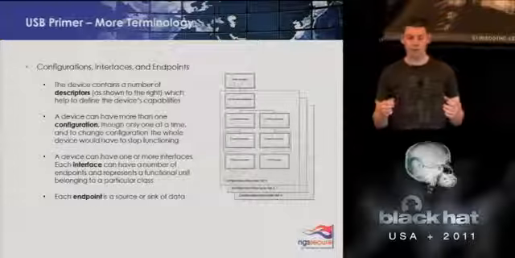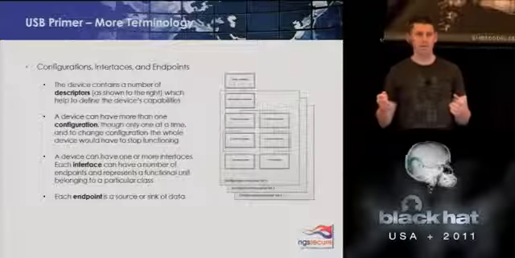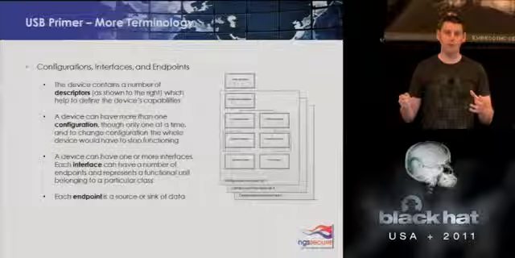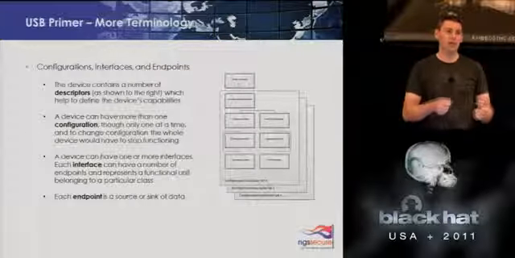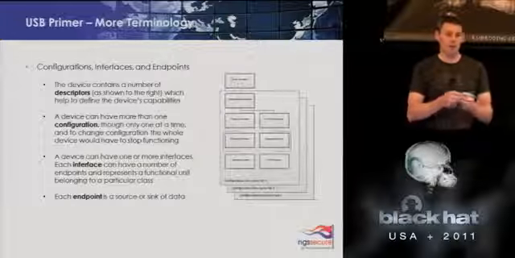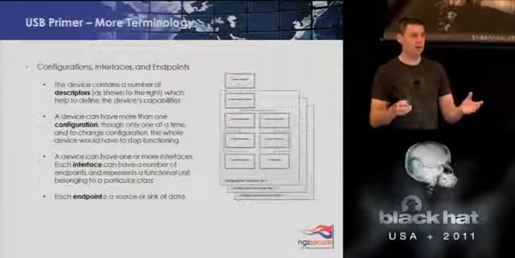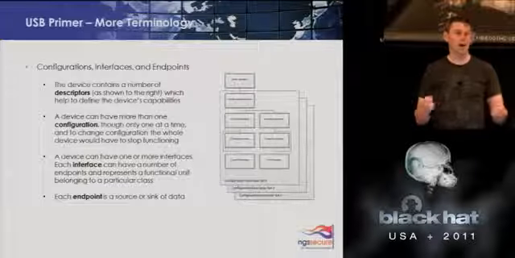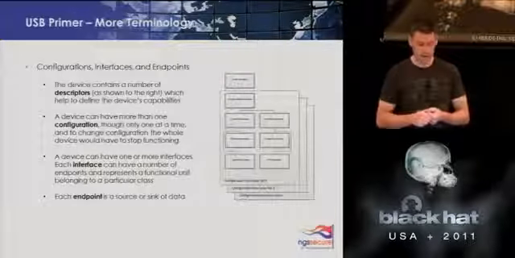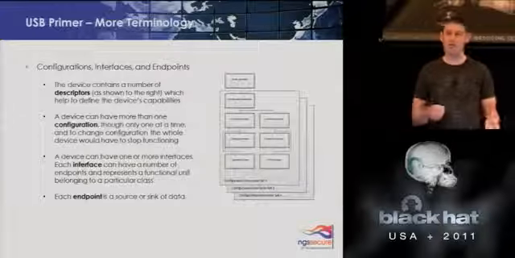So let's say you've got a device that can perform different functions. Sometimes you have USB devices that, rather than just being, say, a mass storage device or a camera, have multiple functions in them. So they might have a hub as well as a mass storage device, and you'll have different configurations associated with those.